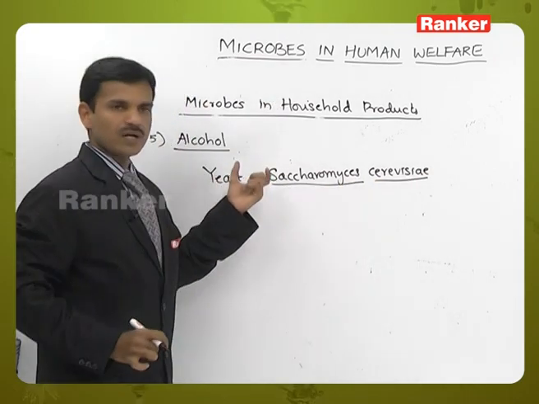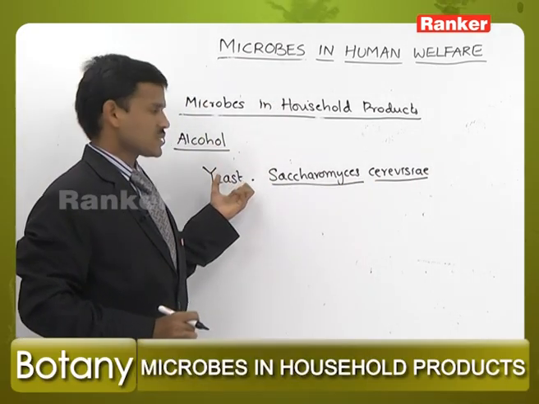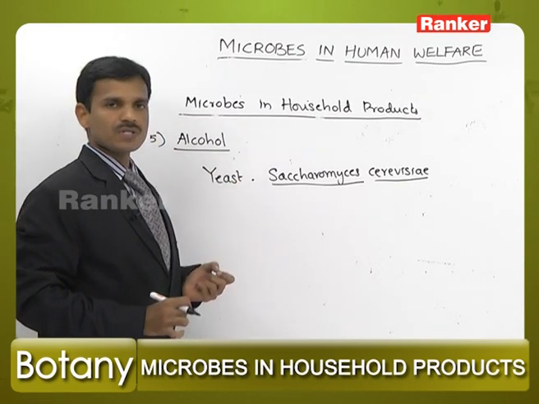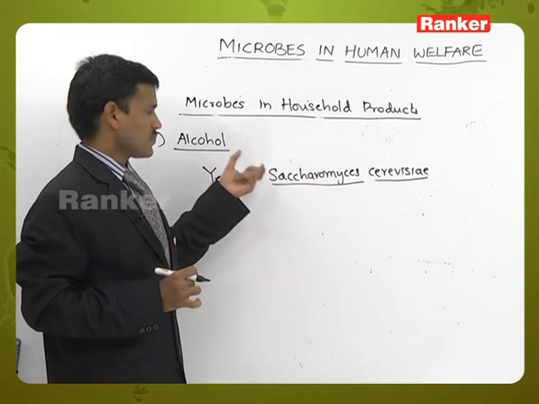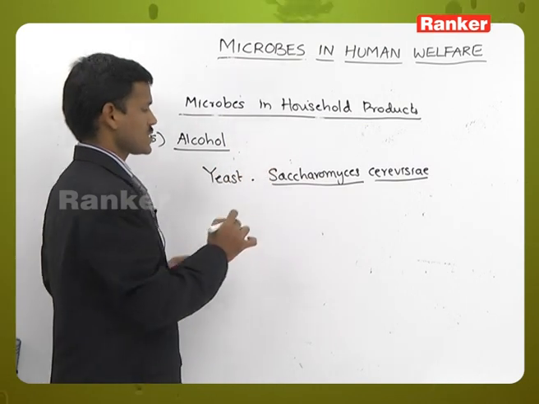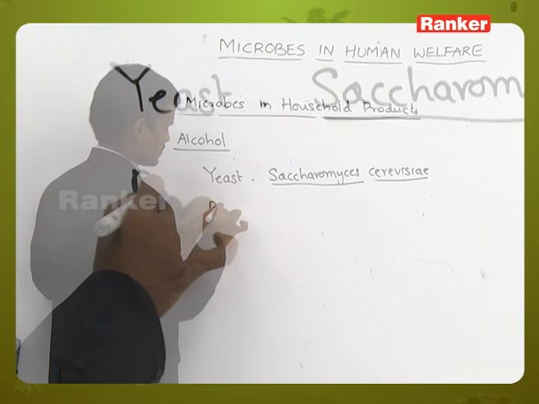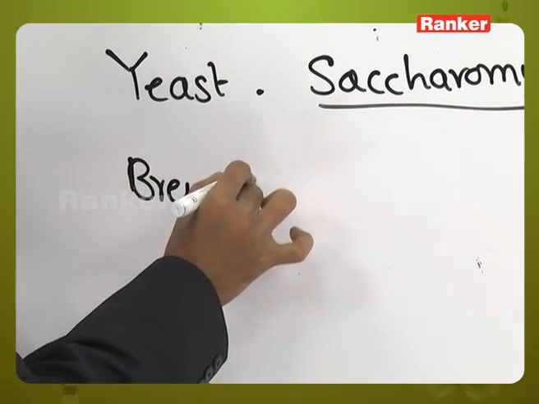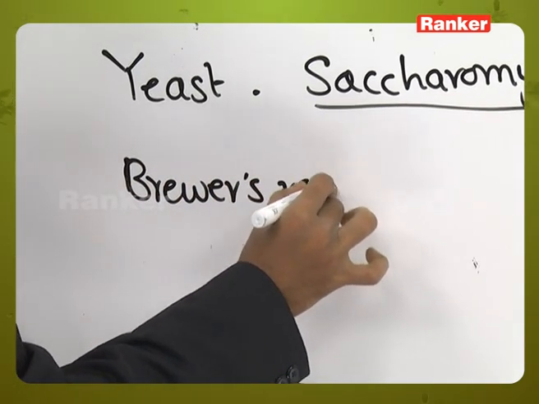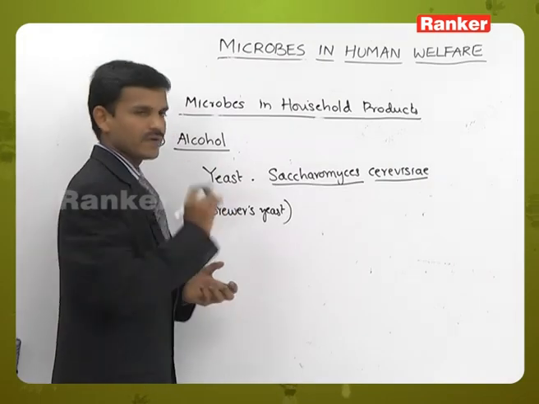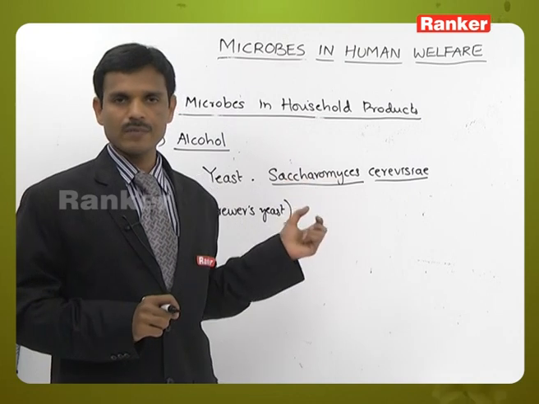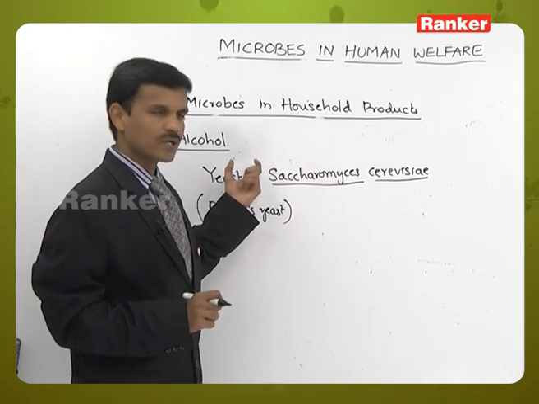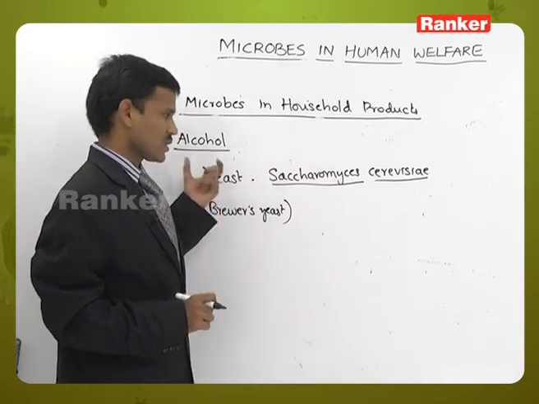It is involved in the fermentation process. Here ethanol or ethyl alcohol is produced. That's why this fungal member is also known as brewer's yeast. In beverages, during the production of alcohols, this fungal member is used. It also belongs to the Ascomycetes group.